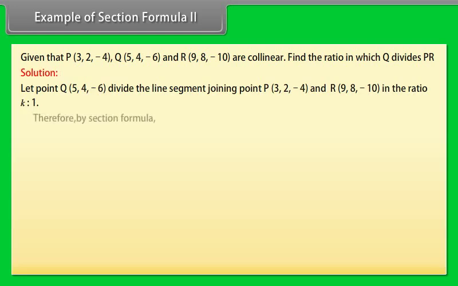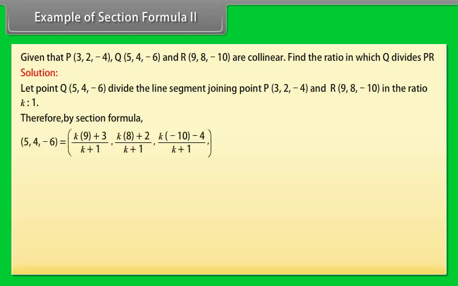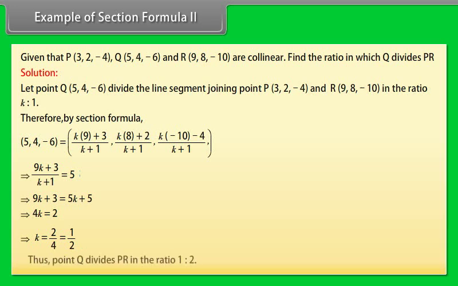Therefore, by using section formula we get (5, 4, -6) = ((k into 9 plus 3)/(k plus 1), (k into 8 plus 2)/(k plus 1), (k into -10 minus 4)/(k plus 1)). On solving for k, we get k = 1/2. Thus, point Q divides PR in the ratio 1:2.